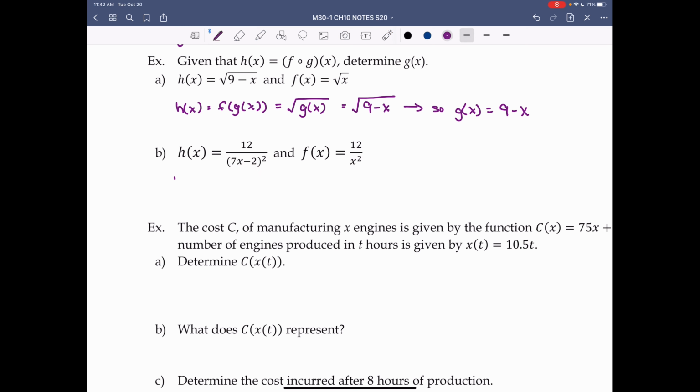If we look at h(x) = f(g(x)), which equals 12/(g(x))², so that's f(x) with g(x) in place of x, which then equals 12/(7x - 2)², which is our h(x). Then g(x) = 7x - 2.